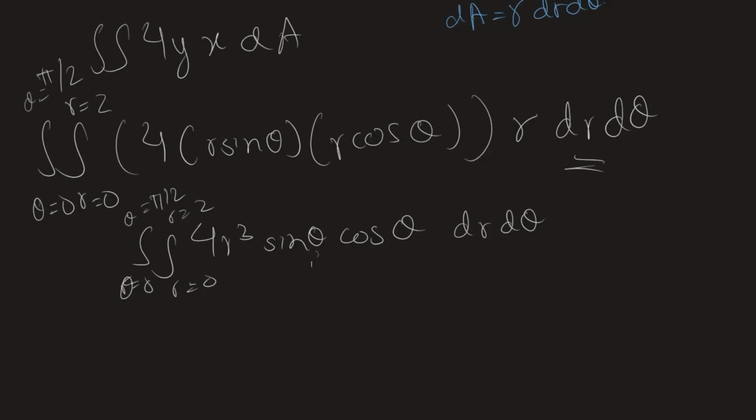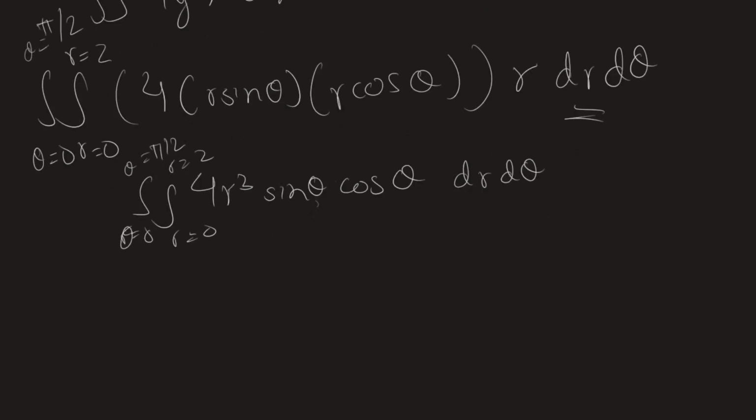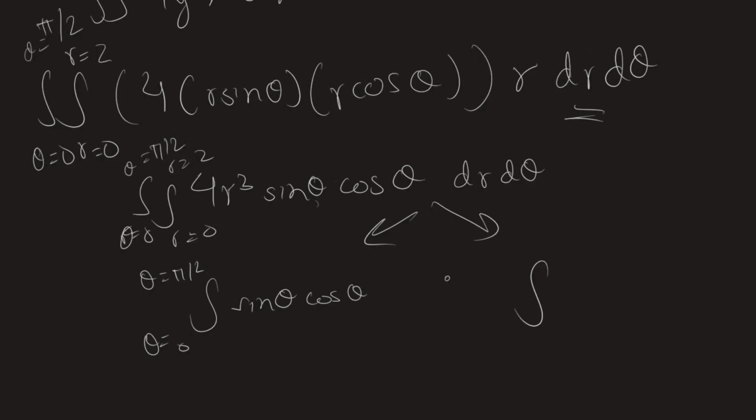Now once we have this, you can break this integral into two parts because it has dr and d theta. So you can split it into two parts and then multiply the results. Here we have theta equals 0 to theta equals pi over 2, and we only write the theta part, sine theta cosine theta d theta.